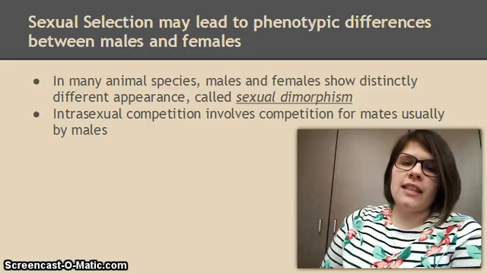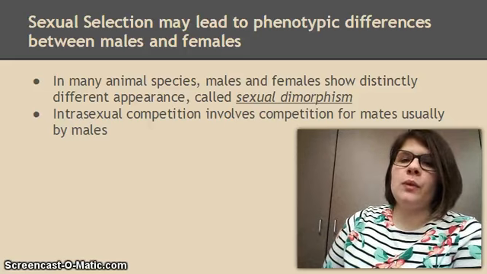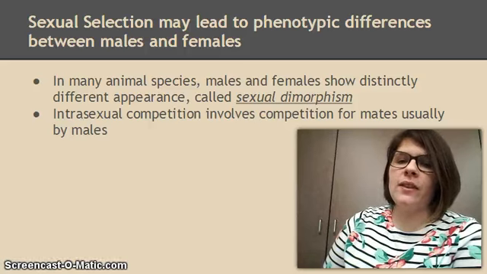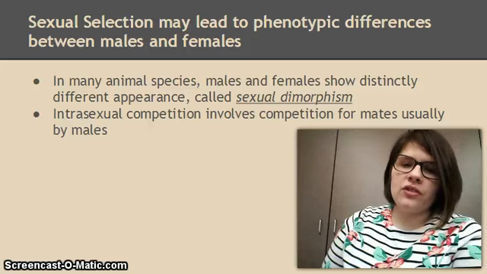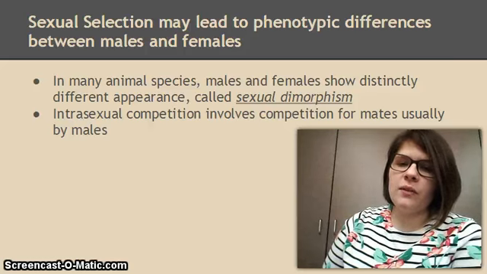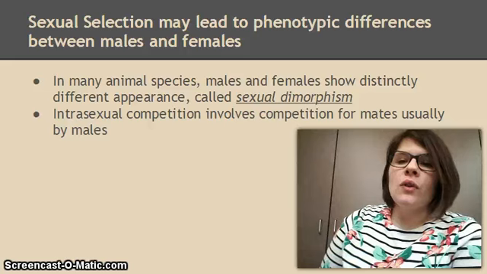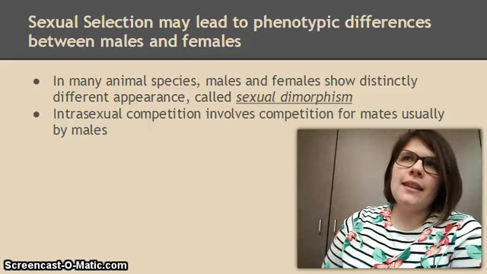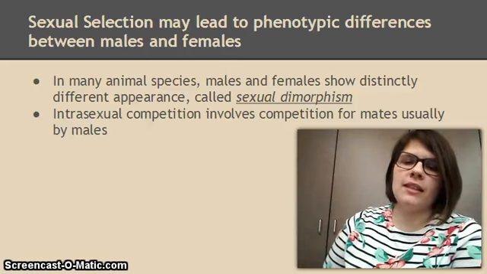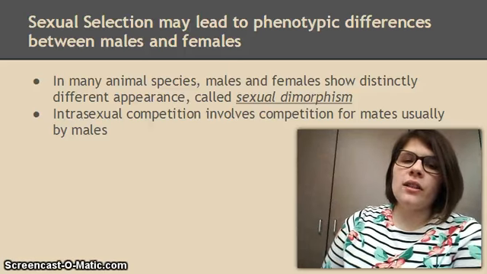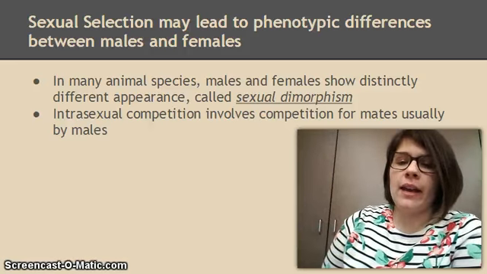Sexual selection may lead to phenotypic differences between males and females. In many animal species, males and females show distinctly different appearances, and this is called sexual dimorphism. Intrasexual competition involves competition for mates, usually by males. So not necessarily in humans, but maybe in a bird population or other populations, the males are actually going to compete in order to have a certain female.